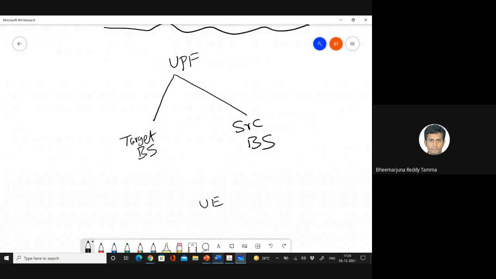Initially, the data is coming like this. Now, what is the example that we looked at? The user has sent a measurement report, and it took a handover decision.